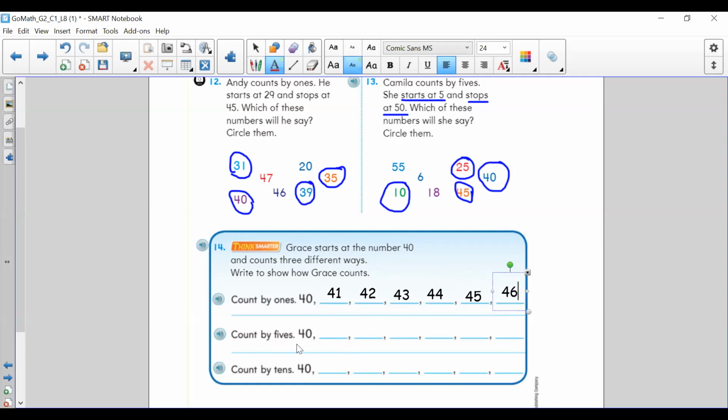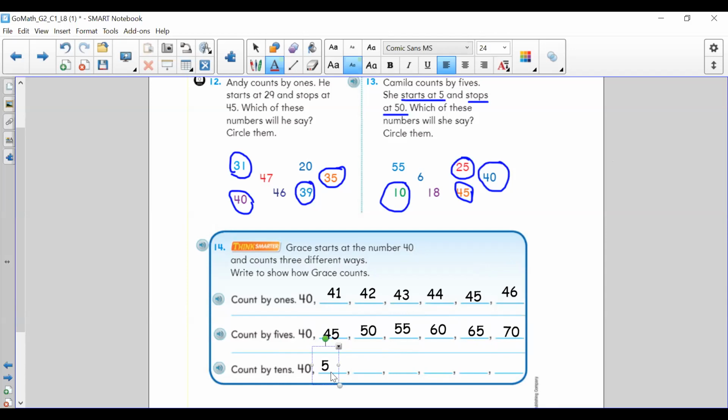Okay, next we're going to count by fives. So we're starting at 40, and if we add 5 to 40, that is 45, 50, 55, 60, 65, 70.